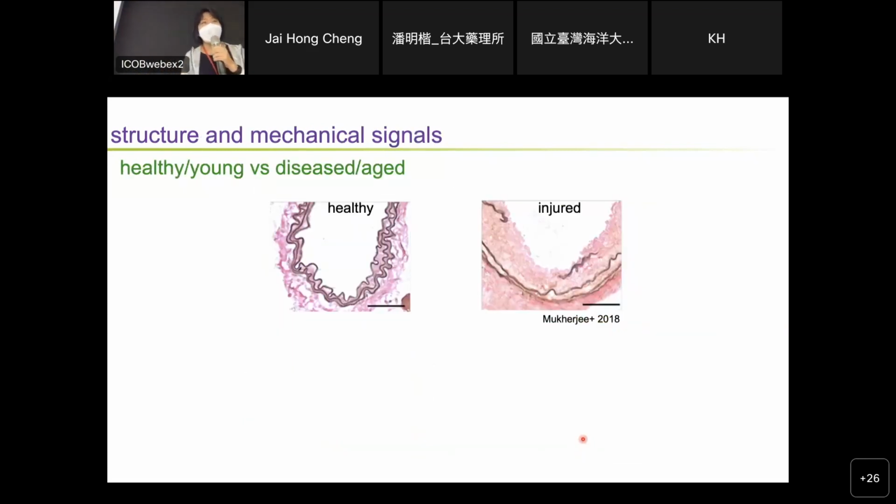And so what happens when they're damaged? These are cross sections of arteries. You can see the dark or black lines in both pictures are the elastin fibers, which exist in the medial layer of our arteries, if you know your anatomy, but that doesn't matter at this point.